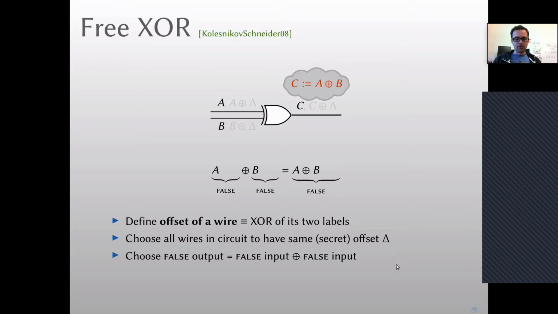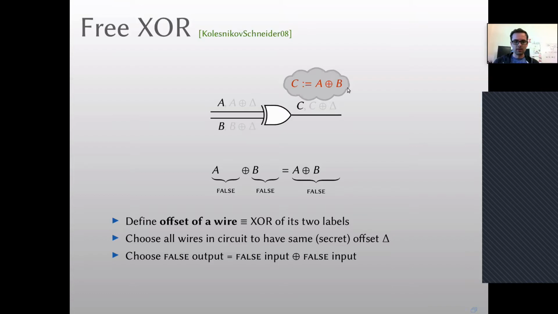I think that's what I wrote here. And now something nice happens. Imagine that you're evaluating the circuit, and you know one of the possible labels for each input wire. What happens if you XOR them together? If you have A and B, that encodes false and false.